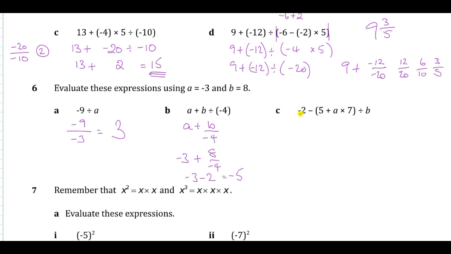Negative 2 take away whatever's in the bracket divided by B. Negative 2 take away 5 plus negative 3 times 7.